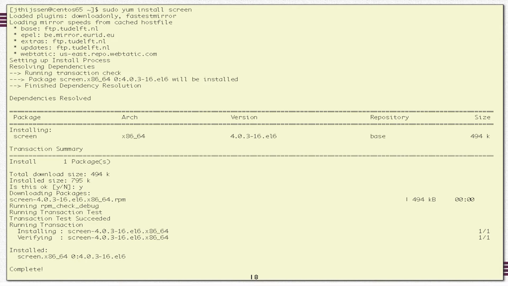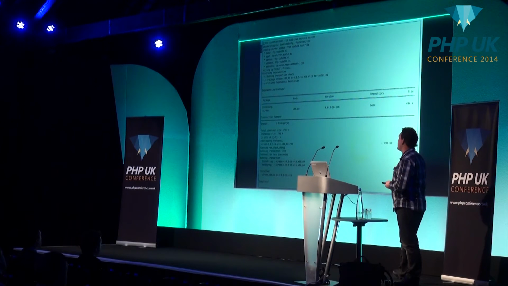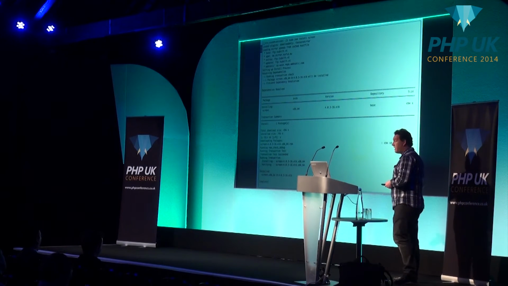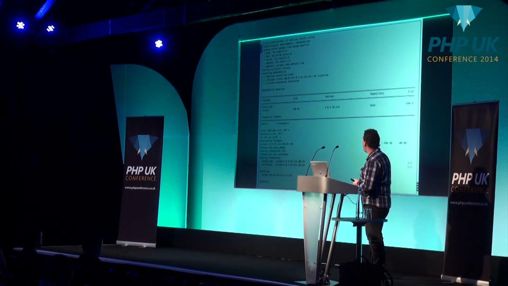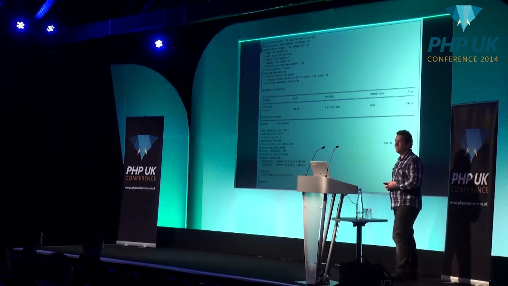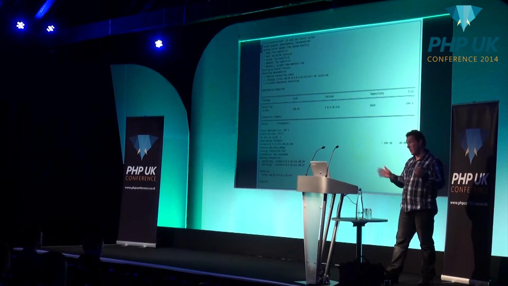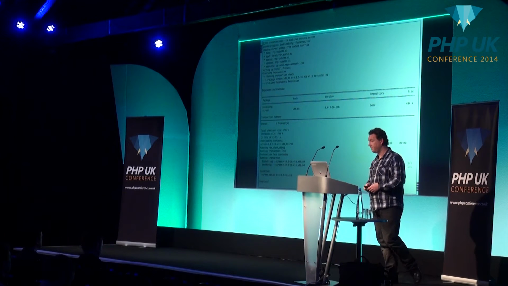In this case, it will say I'm going to install the package screen for this architecture, this version, from this repository, and this will be the file size that I'm going to download or install. After I say yes, it will actually do that. It will run that command and those transactions. And then in the end, it will say installed: screen, complete. And now I can just use screen and do whatever I want with it.